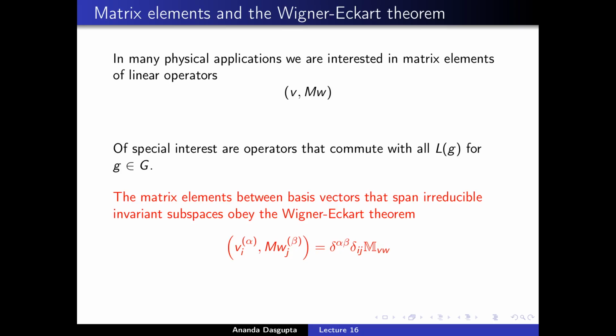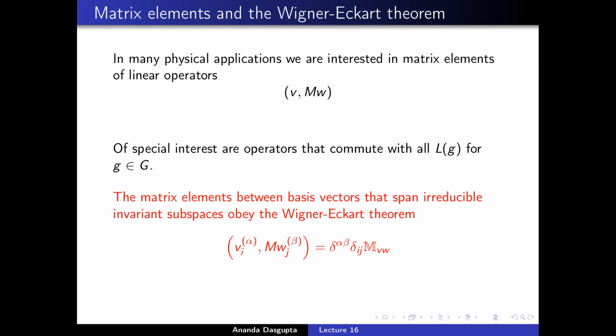You might say that if alpha is equal to beta and i equal to j, then why can't we use just the same vector symbol V for both? The answer here is that V and W could still be different because you may have multiple copies of the same irrep occurring in the reduction.